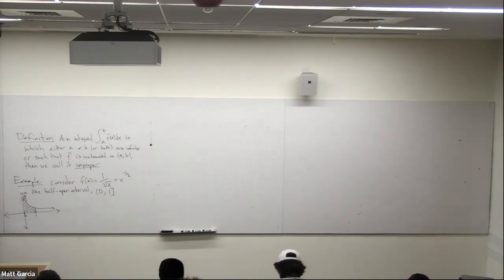And I say potentially because we have to ask ourselves the question, how quickly does this function's graph get very close to the vertical line x equals 0? If it gets there fast enough, there is the possibility that this area could turn out to be finite if we come up with the correct notion of how to compute area.